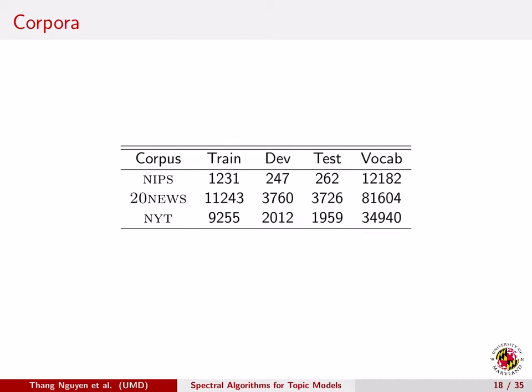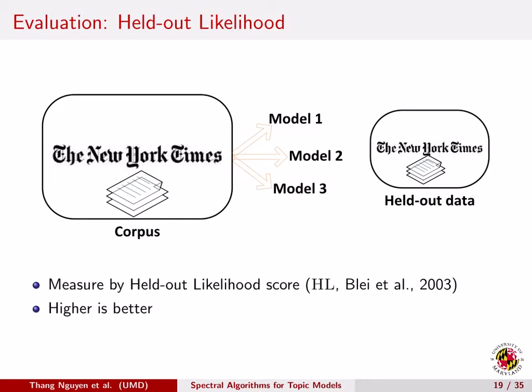So we evaluated this method on 3 data sets where we fit our topics on the training fold, we choose hyperparameters on the development fold, and then we report metrics on the test fold. So the first evaluation that we did was held out likelihood. How well does the topic set that we discovered generalize to new data that the model hasn't seen before?